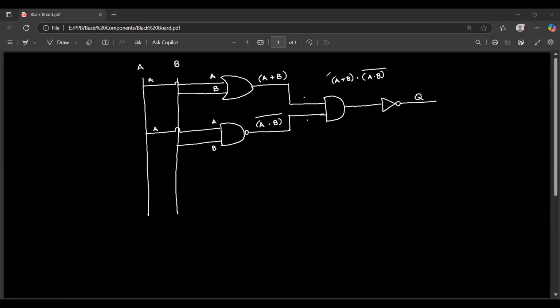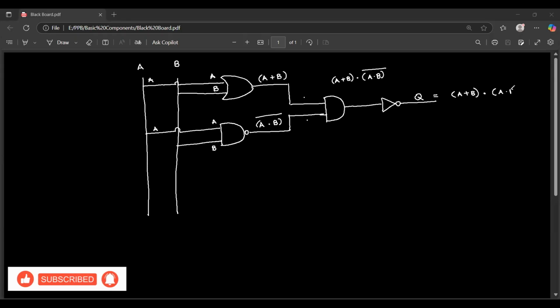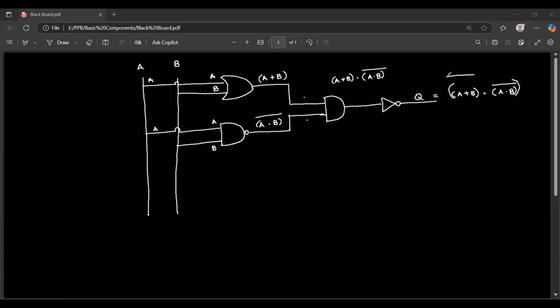And finally, we are sending this whole output through a NOT gate. So what will Q be equal to? It will be A plus B into A dot B whole thing bar, all bar. Okay, so this is what happens when we do this question. Always remember the method: signal, subgates, finally the solution.